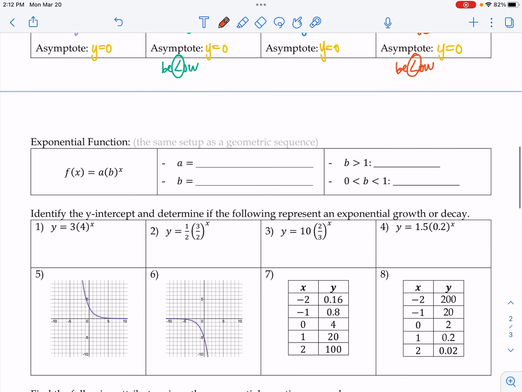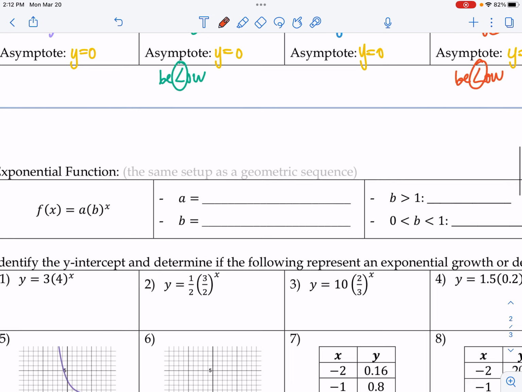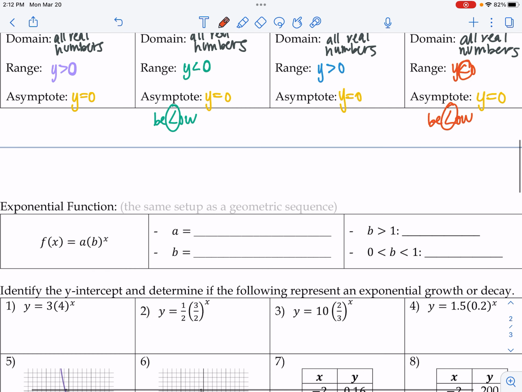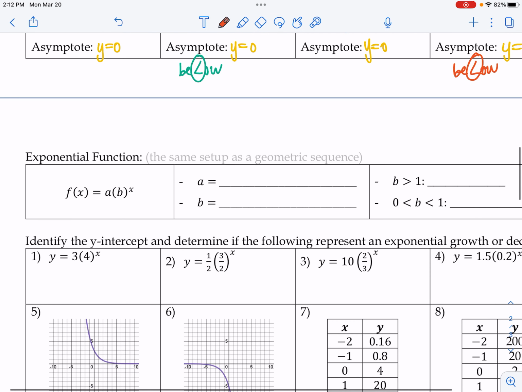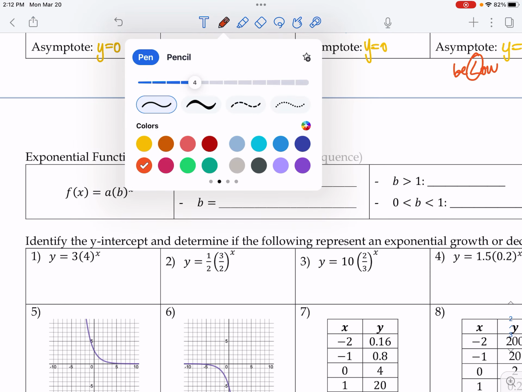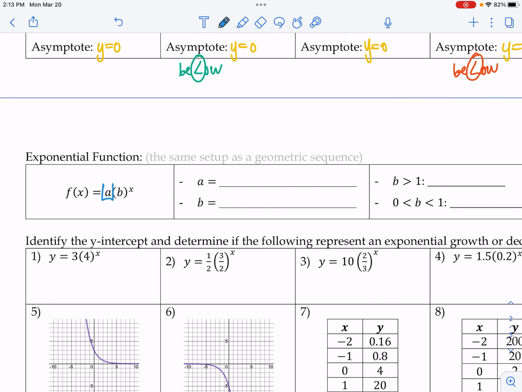Okay, so we're going to look at some examples. You can actually graph any equation you are given in Desmos, but you can also just look at the equation and get some valuable information. This a value in the equation, the number in front of the parentheses, is always going to be your y-intercept. Sometimes they call that the initial value.